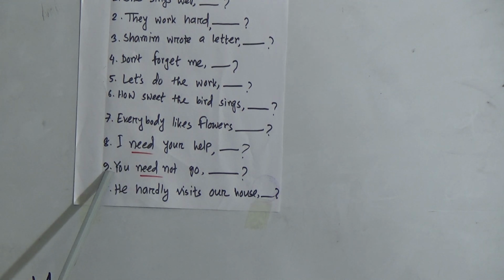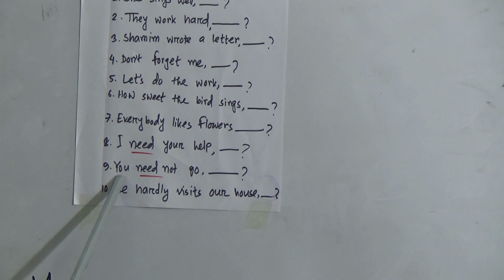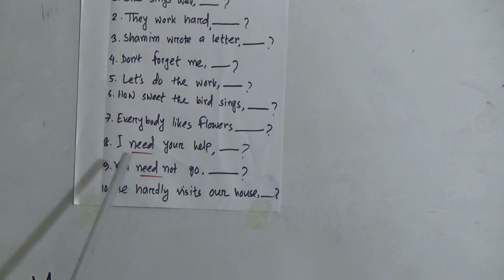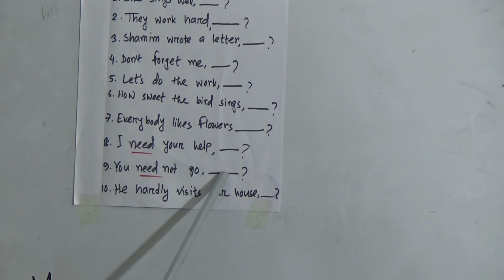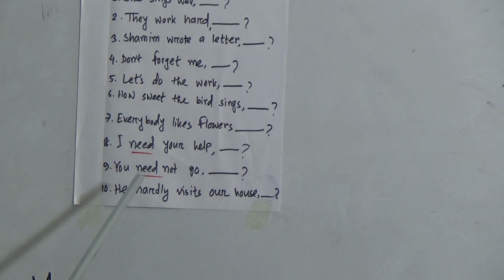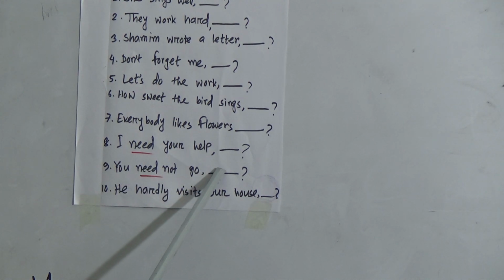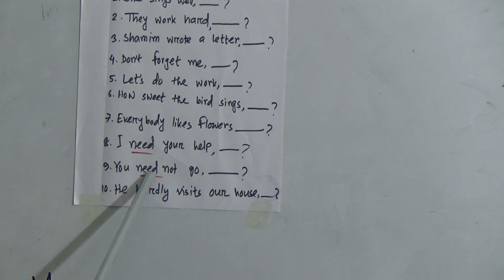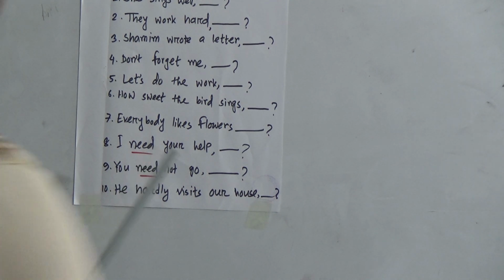But for example 9, you need not go. Dear students, here go is the main verb. So need is an auxiliary verb, and there is also not. So you are not allowed to add any negative word in the tag. So its answer would be, although the need is an auxiliary verb, need you.